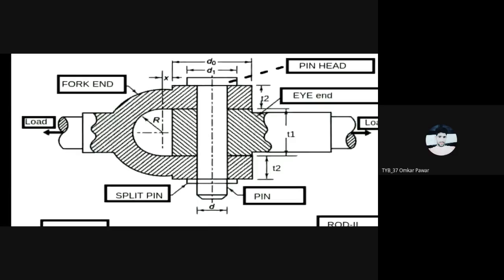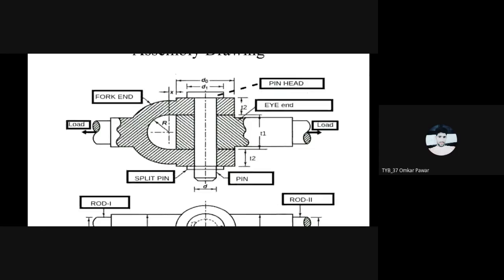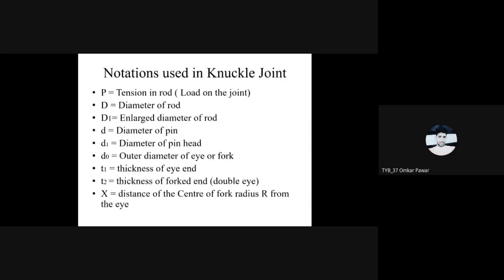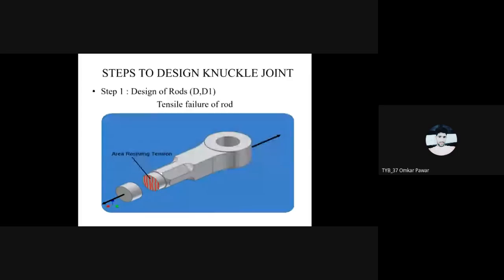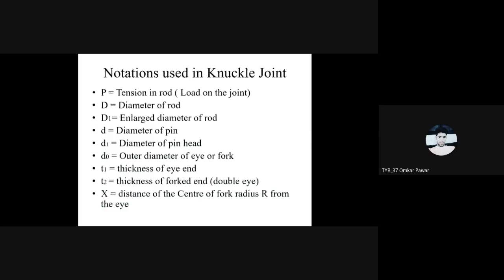That is also important because in both design and manufacture, X plays a very important role, and it can change the load carrying capacity of the total joint. And last but not least, R is the radius from the point we have decided to the circle where we separate out the two eyes of the fork.